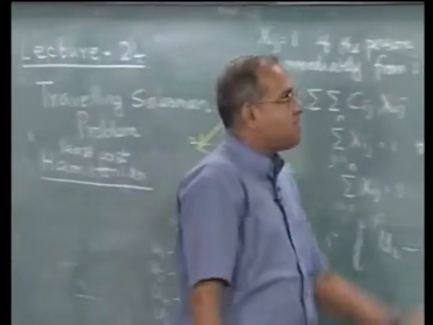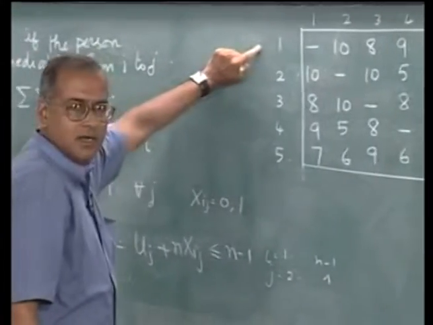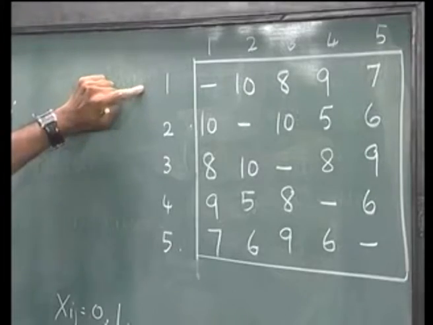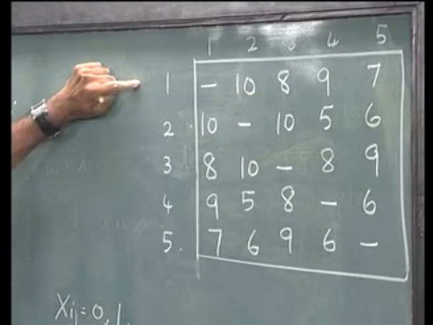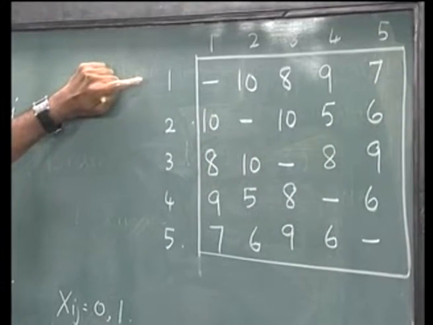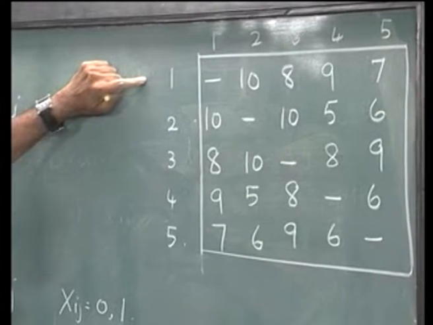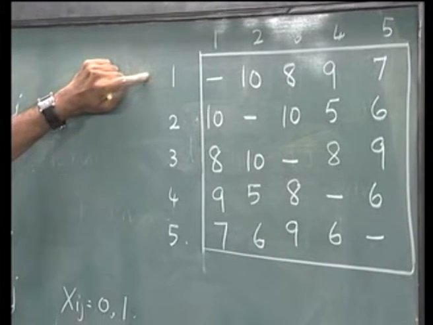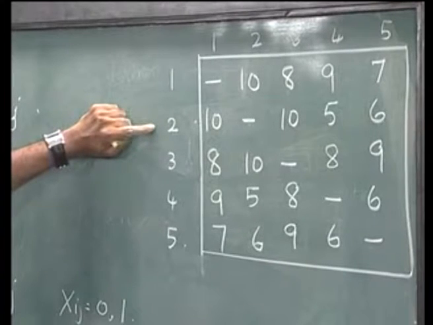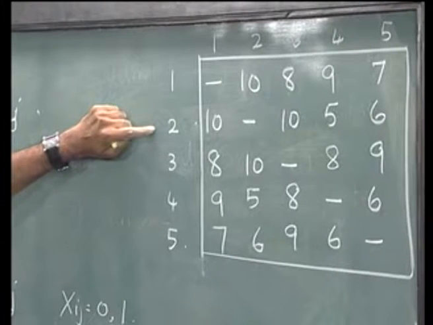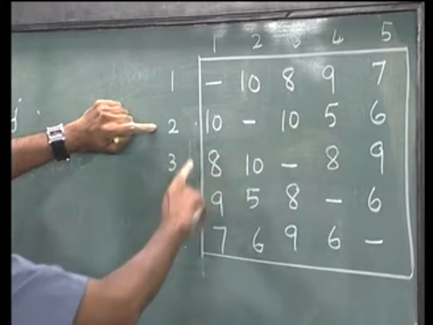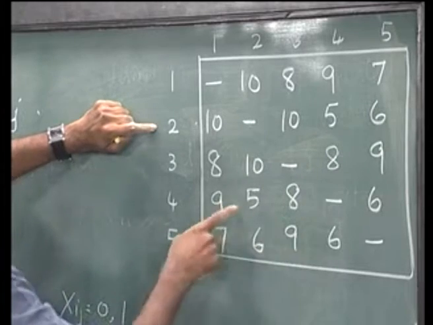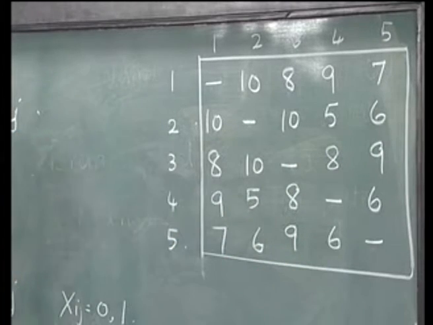Now, one thing is, if the person is at city 1, then the person has to leave city 1 by going to one of these 4, and therefore, the person would have to travel a minimum distance of 7 to leave city 1. Similarly, when the person reaches city 2, the person should travel a minimum distance of 5, a minimum distance of 8, a minimum distance of 5 and a minimum distance of 6.